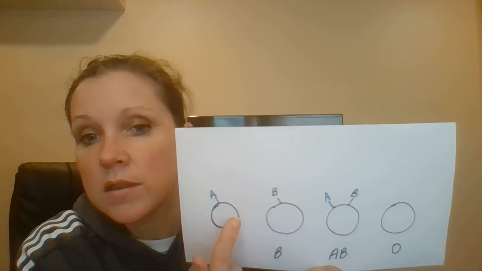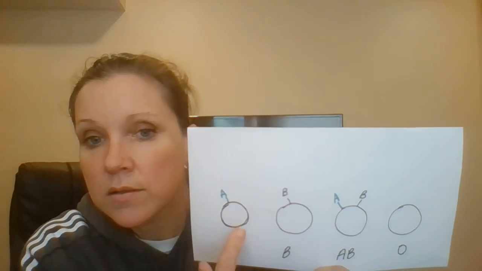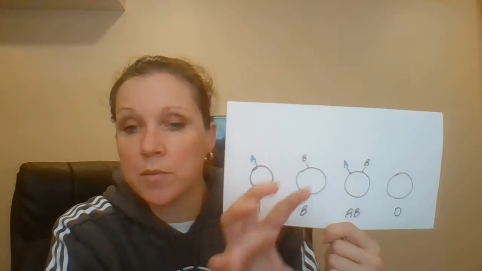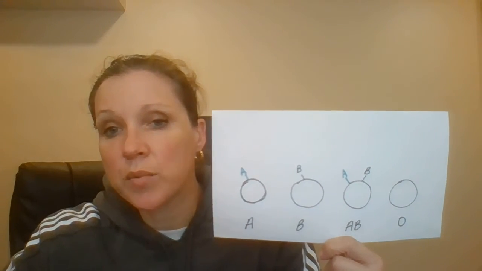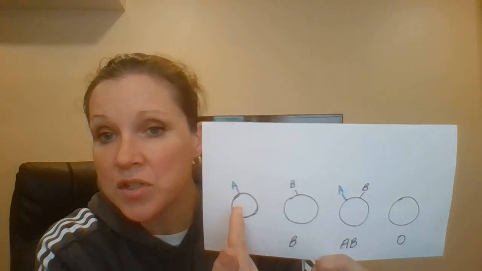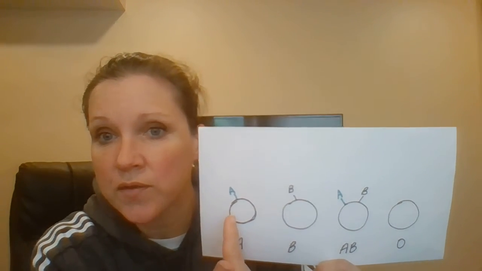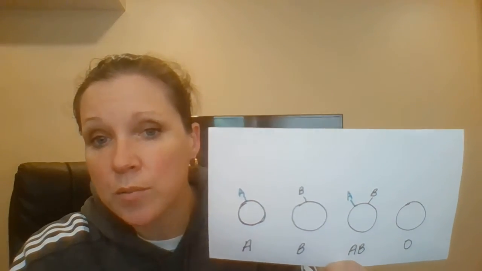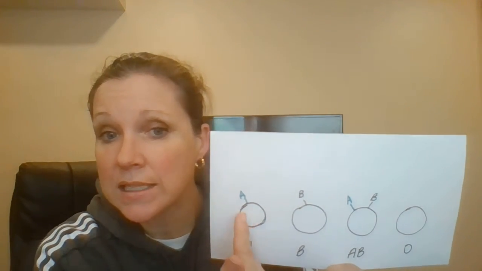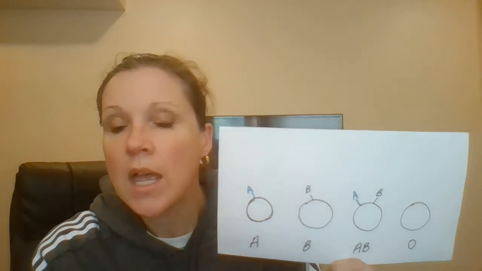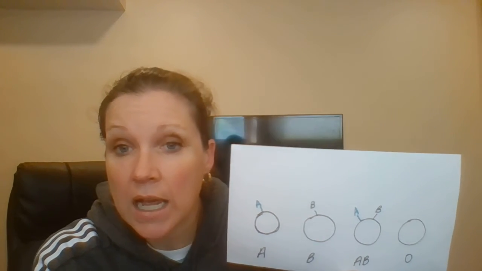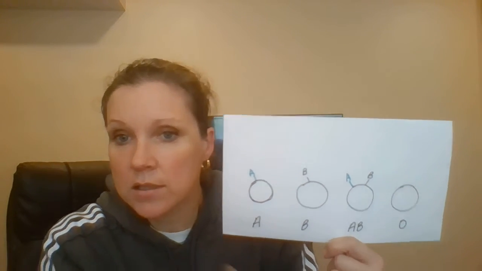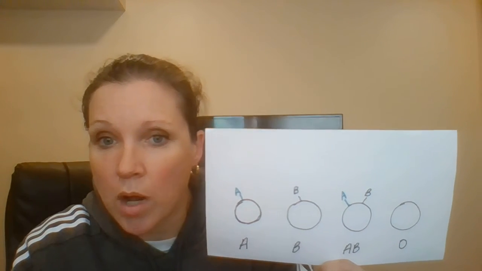So with that marker on the surface of the cell, if you take blood from one person and put it into a second person, and they can recognize that antigen, it's going to be a successful transfer. But if they can't recognize the antigen that you're giving them, their body is going to attack it, thinking that it's a foreign substance trying to harm them. And now you're going to have a huge problem.